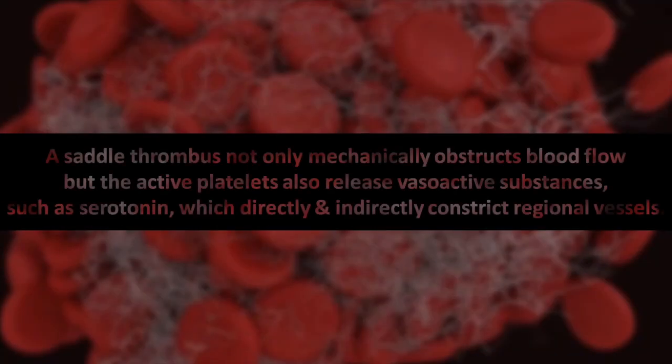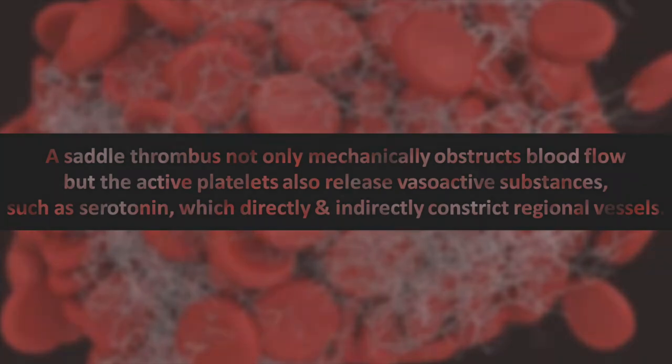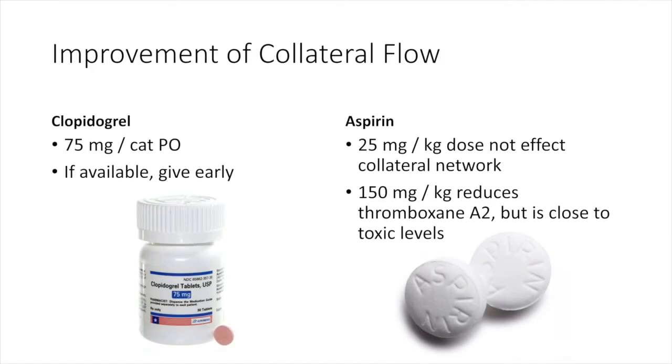After all, one of the reasons why this mechanical obstruction can cause such devastating effects is because the platelets themselves are releasing substances which directly and indirectly constrict collateral vessels, which may have been able to provide sufficient support. Therefore, improvement of collateral flow is a primary goal of CATE therapy.